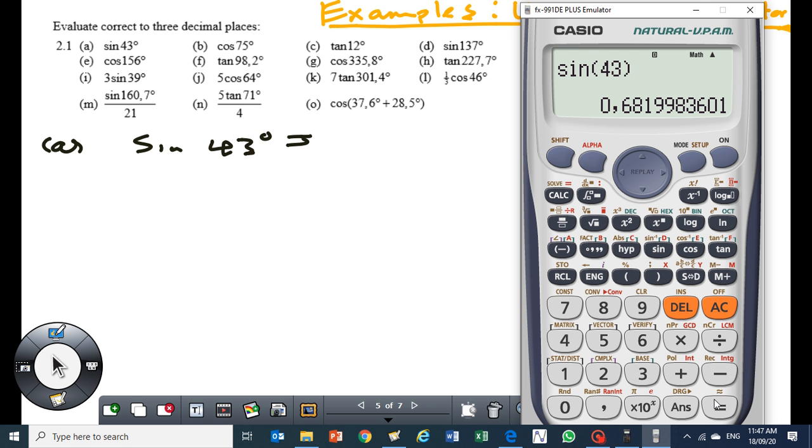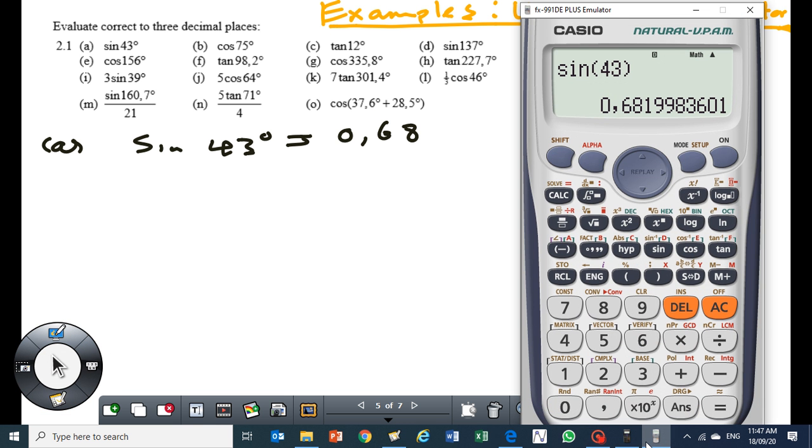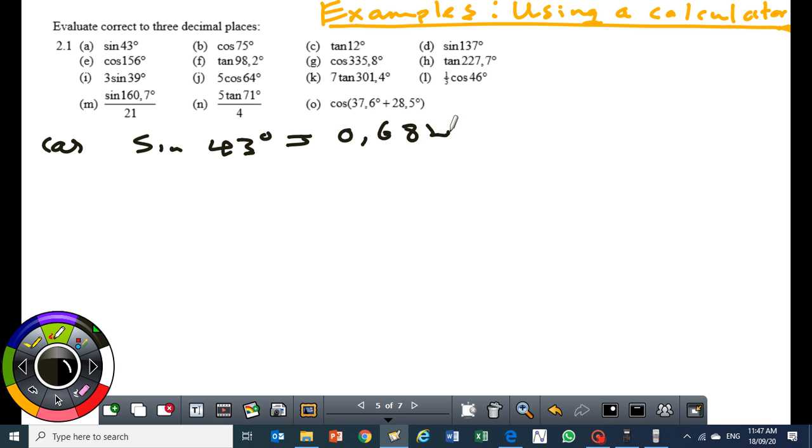Now to 2 decimal places, that will be 0.68. Generally in our case, we round to 3 decimal places, so that will be 0.682.